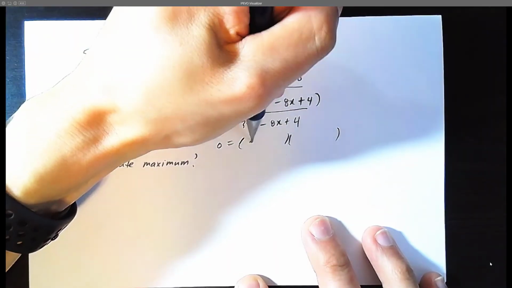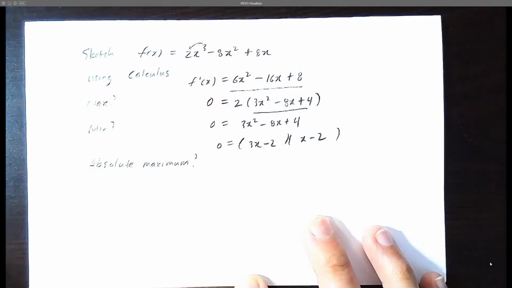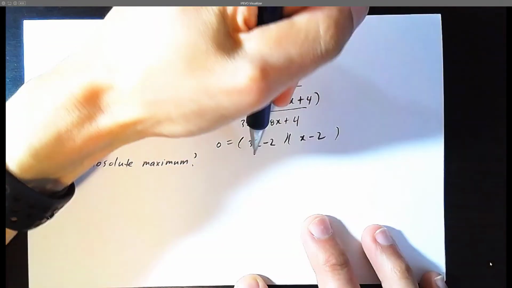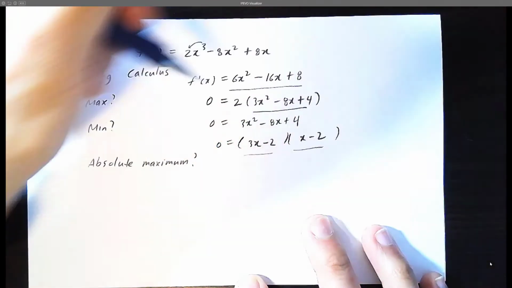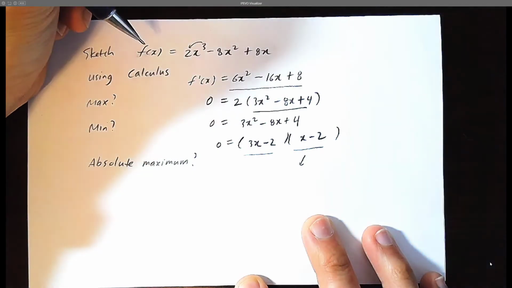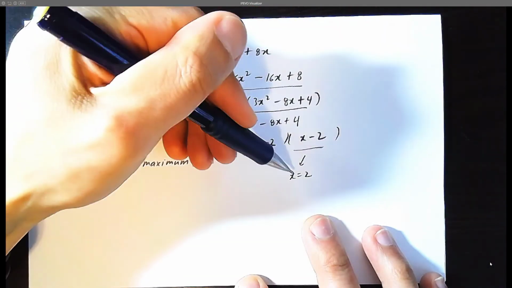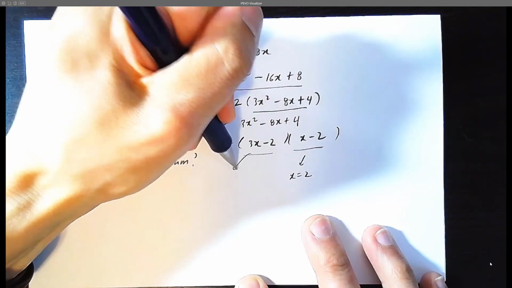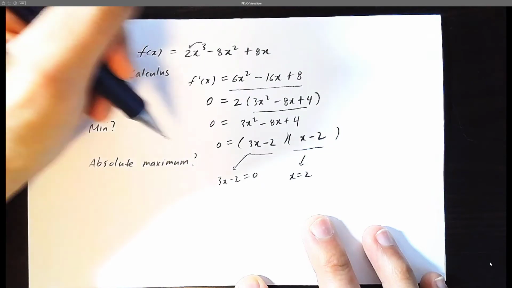This trinomial can be factored to 3x minus 2 and x minus 2. Something times something equals 0. So where is the derivative 0? The derivative is 0, or the slope is 0, at x equals 2, the opposite of negative 2, or we're going to say that this factor, 3x minus 2 equals 0.